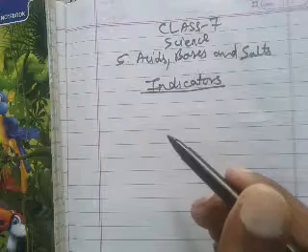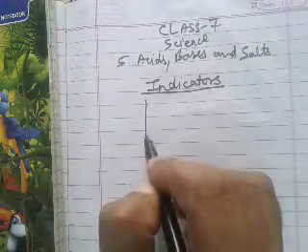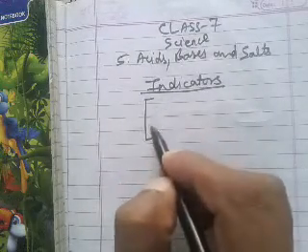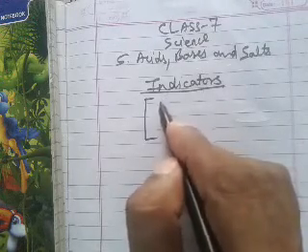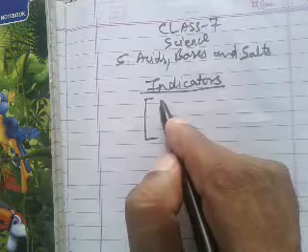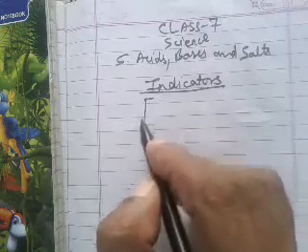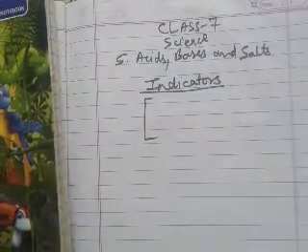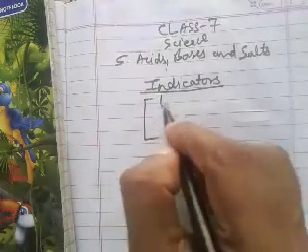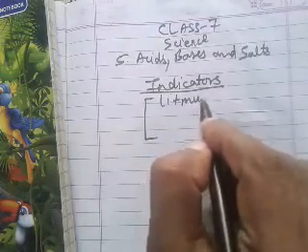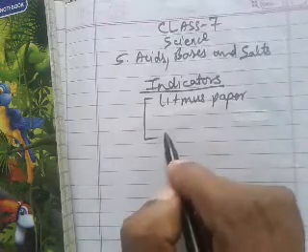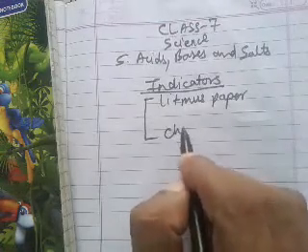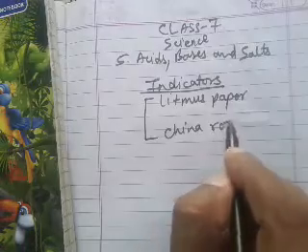In this sequence we have already studied two types of indicators. The first one is litmus paper and the second one is China rose indicator.